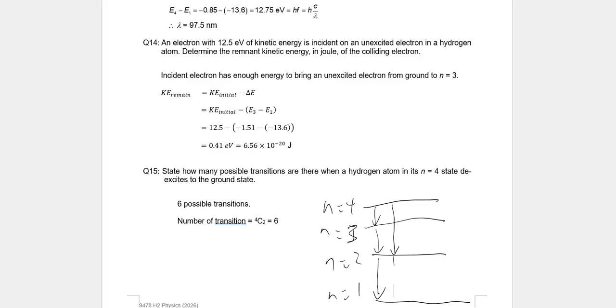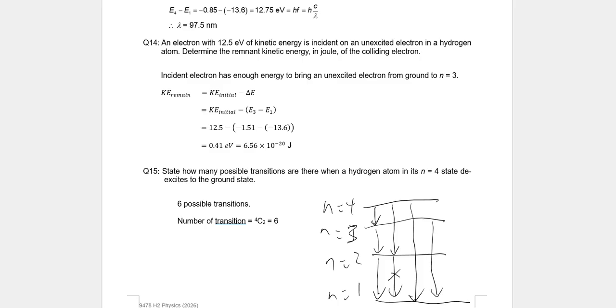Then this one is the same, so I don't have to care about this one already, because it's the same as the first one. Then it can fall down all the way. And of course, there's one more, whereby if I fall this way, I can fall this way.